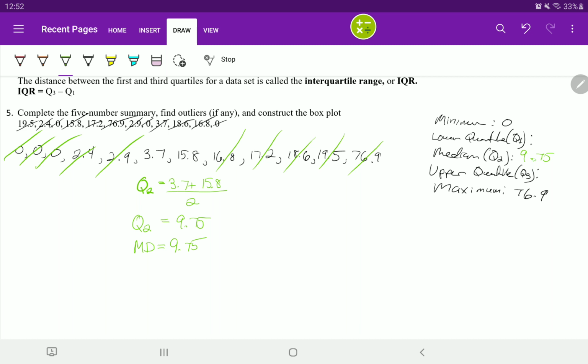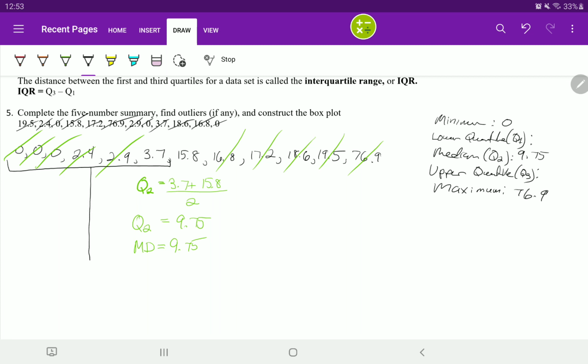Now, once we find our median, to find quartile 1 and quartile 3, you're going to do this. For quartile 1, you're going to take all the values that are smaller than the median. The median is 9.75.